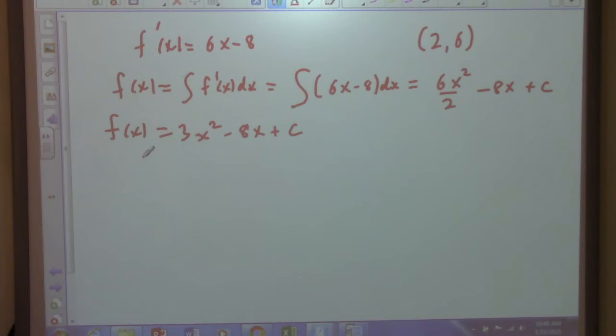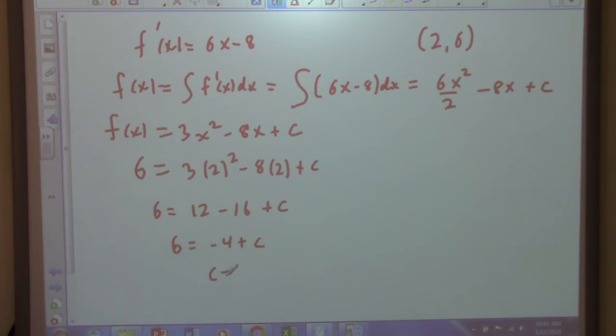We put in 6 is equal to 3 times 2 squared minus 8 times 2 plus c. And now we say 6 is equal to 12 minus 16 plus c. And so 6 is equal to negative 4 plus c.